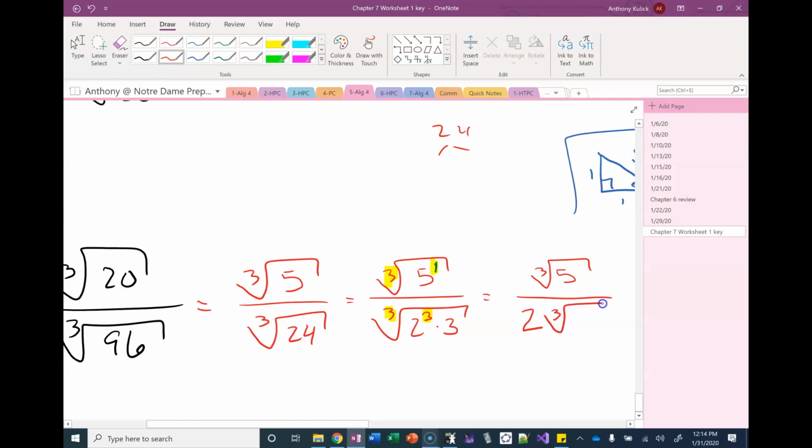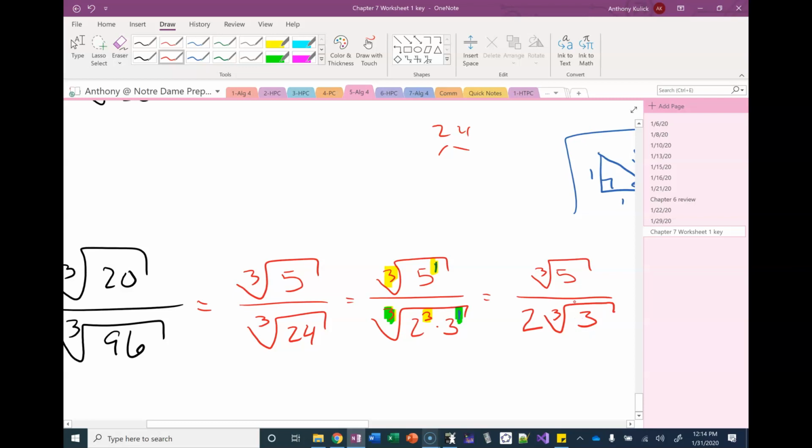How many 2's are left after I take that 1 out? 0. Okay, so now let's look at the 3's. I compare the exponent to the index. What's the exponent on the 3? 1. Since 1 is less than 3, can I do an exchange? No. So that 3 is just going to stay down there.